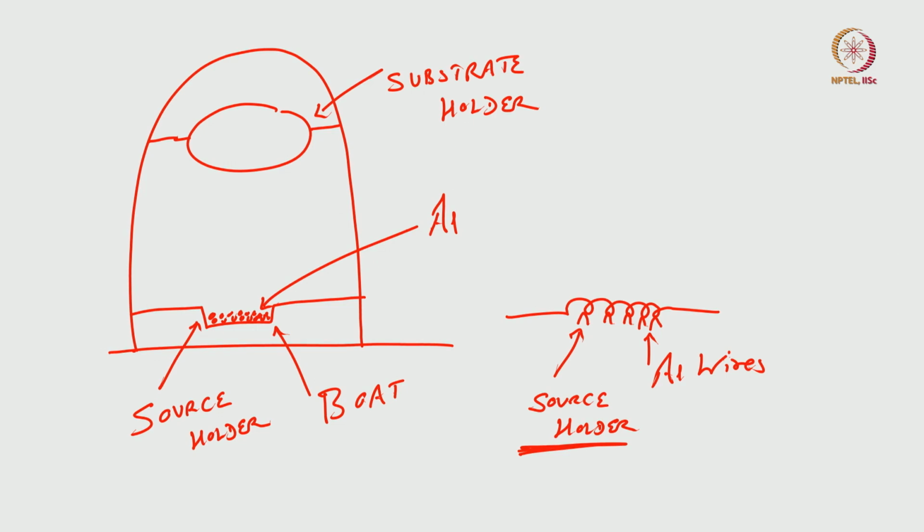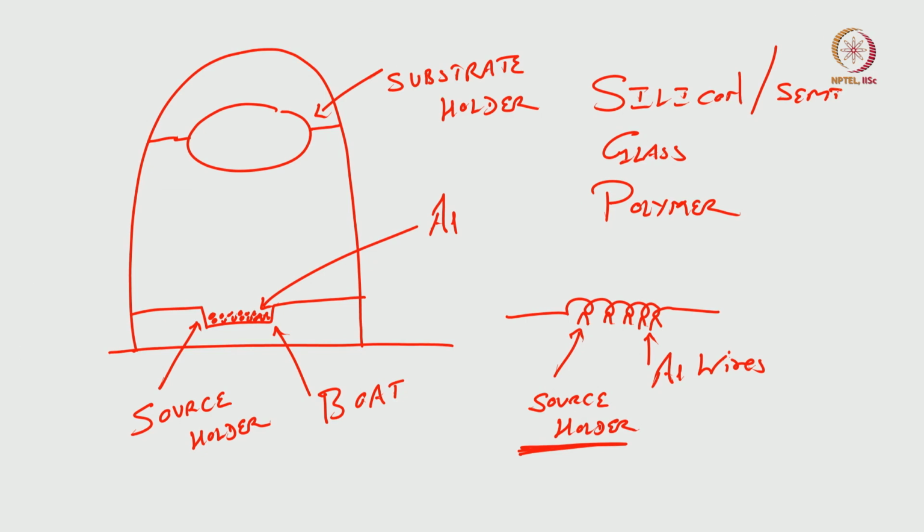Now, substrate. What is a substrate? A substrate is any material on which we are going to perform the experiments, or on which we have performed the deposition and lithography and so on. The base material is our substrate. It can be silicon, glass, polymer, or any other semiconductor other than silicon.